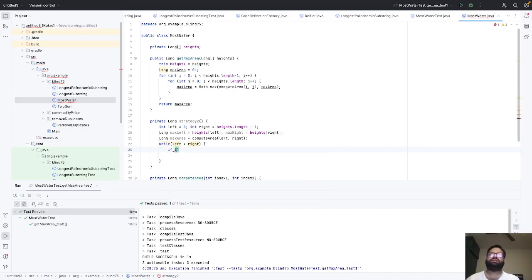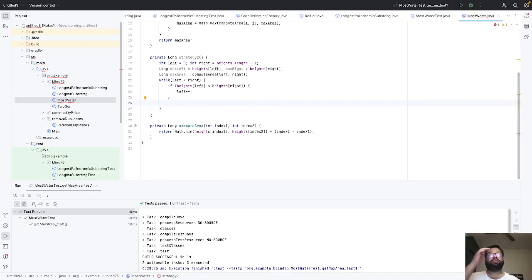If heights of left is less than heights of right, then left plus. Okay, that's our best. Shucks, should have been able to figure that out.